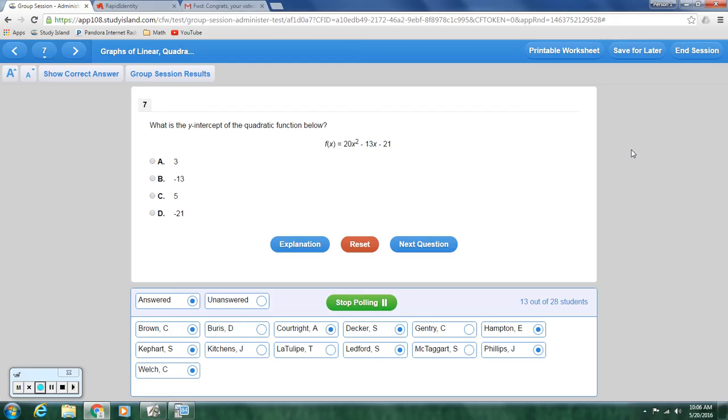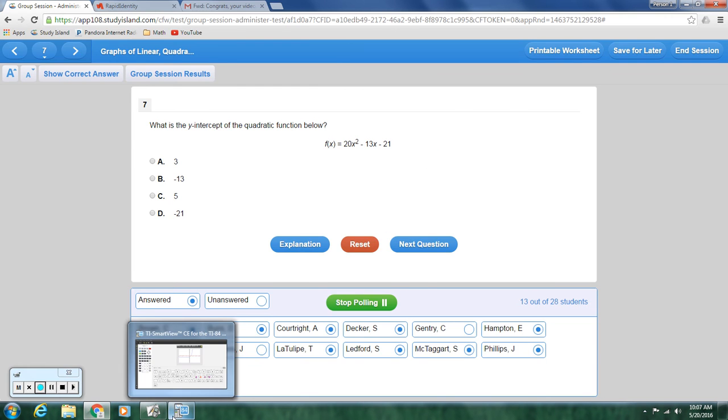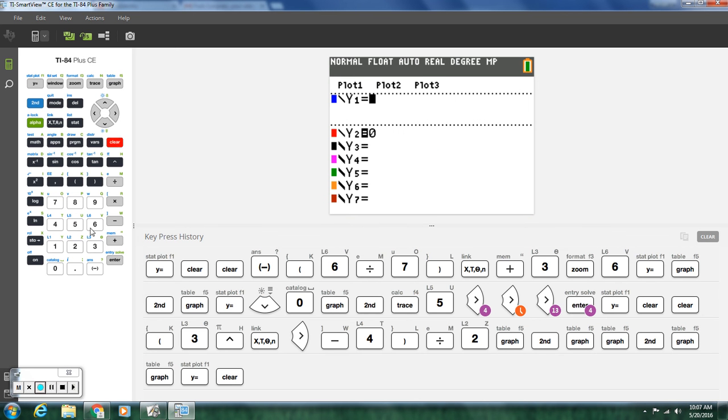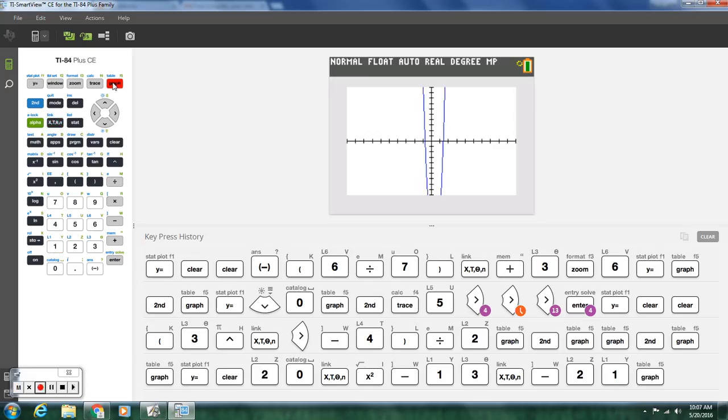Remember how many times I wrote up all those equations and I said, here's the starting point for a quadratic. See where that crosses?